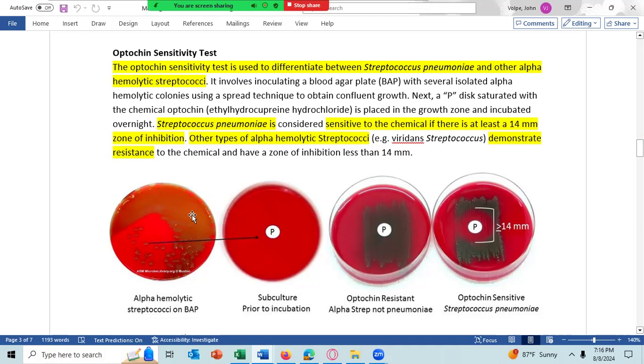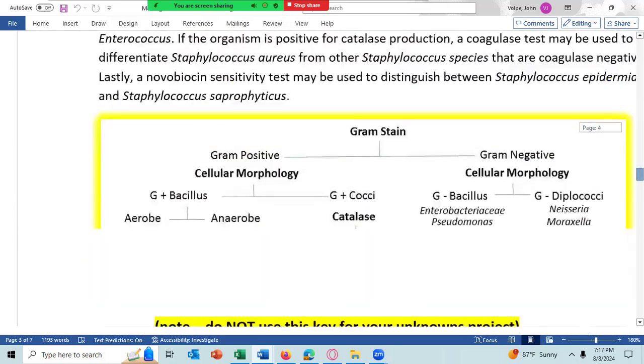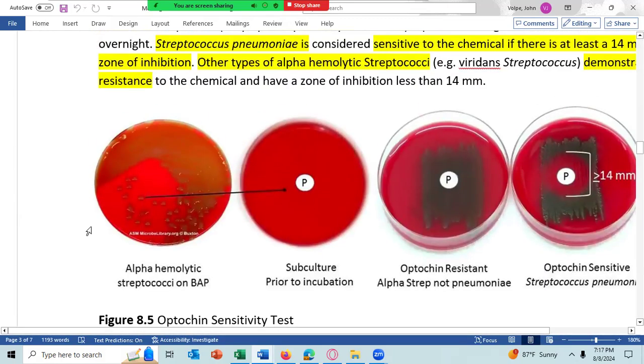So here we have a blood agar plate. You have to look at that closely, but it is alpha hemolytic. Oh, where is that? There it is. So we do see some darkening around the colonies. And then they took the bacteria and smeared it in this region and then put an optochin disc on the bacteria, incubated the plate, and then looked for a zone of inhibition around the optochin.